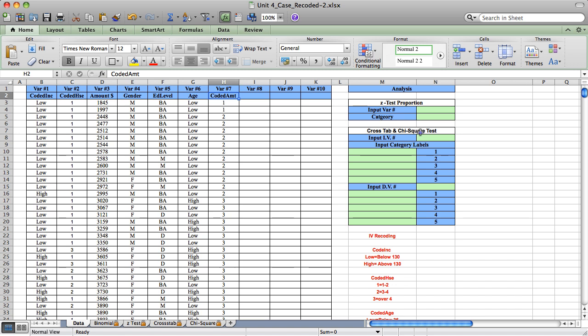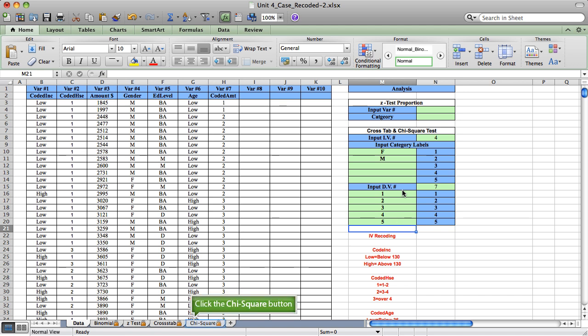Both variable 4, which has two categories, F and M, and variable 7, which are in thousands of dollars. So there's 5 categories. 1, 2, 3, 4, and 5 are the category labels. So both IV and DV are in categories.